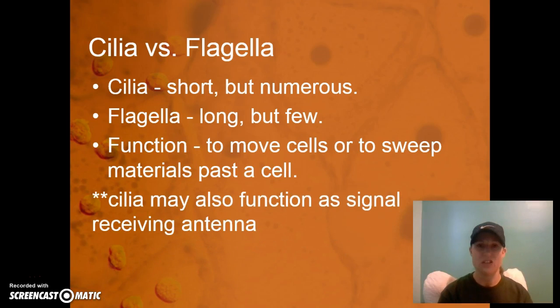But new evidence is showing that all animal cells, take a step back, not all animals, all vertebrate cells have a singular cilia on each cell. That little cilia that sticks out may function as a signal receiving antenna.